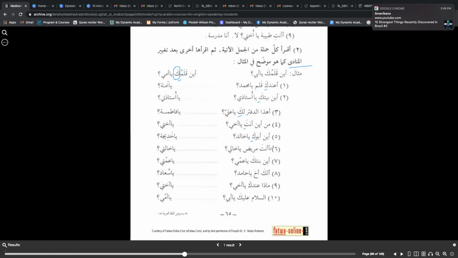You're saying you feminine, so it has to be anti. You can't say anta, because you're talking to a woman. And then you have to make mareed feminine. To make it feminine, all you would do is add the ta marbuta, and I'll write it out so we can see it. Okay.